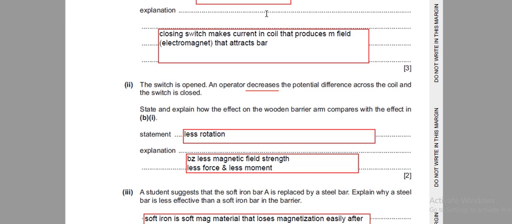When the switch is open, the operator decreases the potential difference across the coil and then the switch is turned on again. Okay, what will happen to the wooden bar?